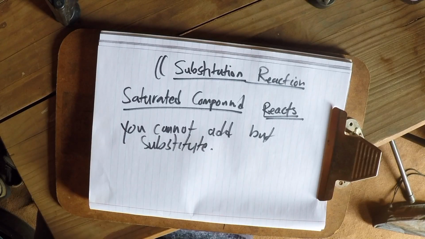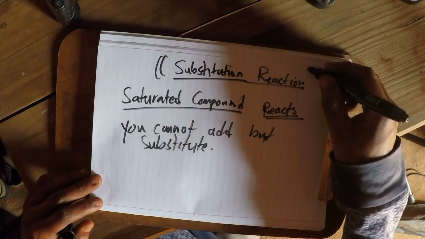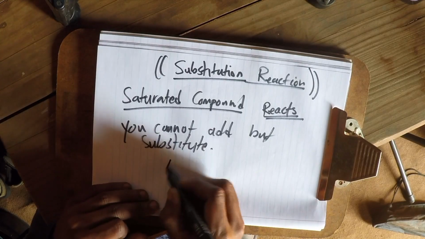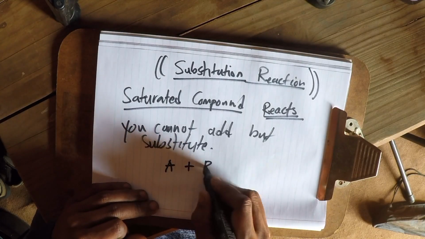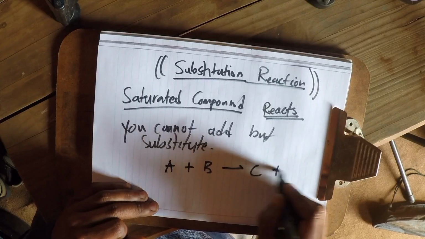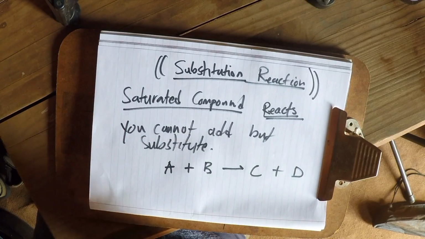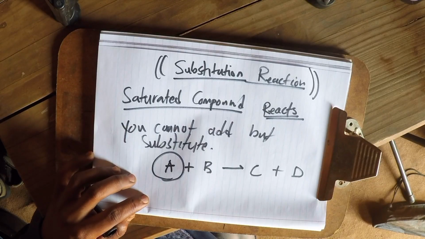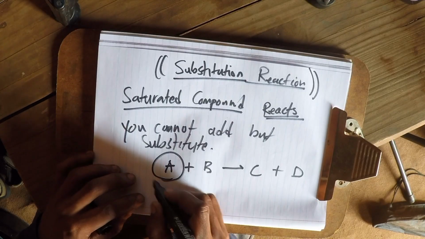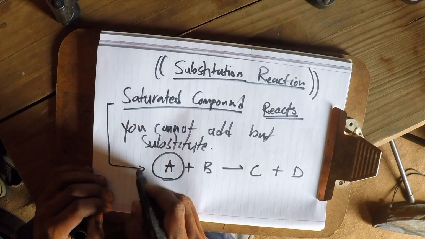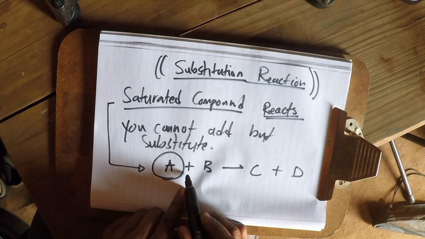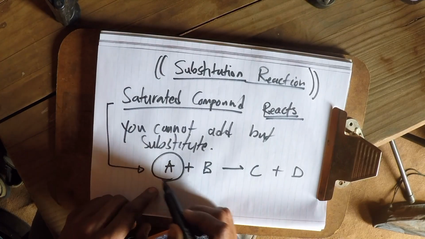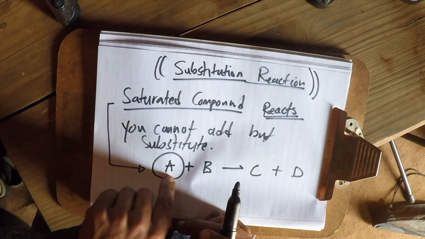So how would we know when we are dealing with a substitution reaction? We are going to look at a reaction in the form of A plus B gives you C plus D. And we're going to look at the fact that the reactant must be a saturated compound, so that we know that whatever is added here, there is no way that it will be part of this saturated compound, because this thing is already saturated.